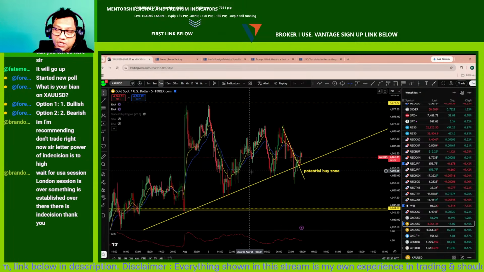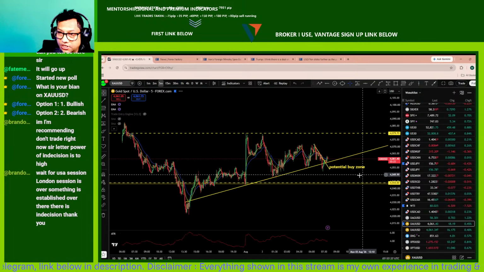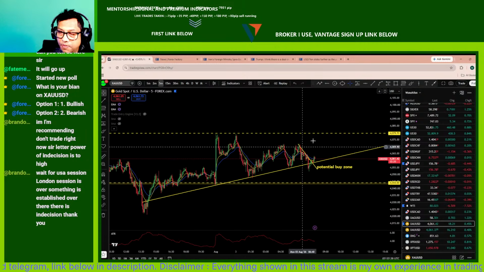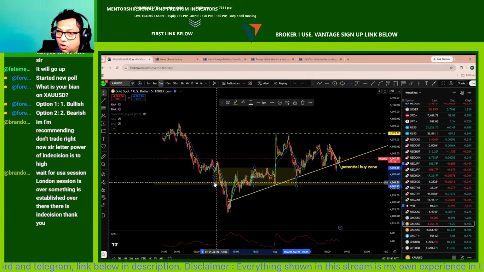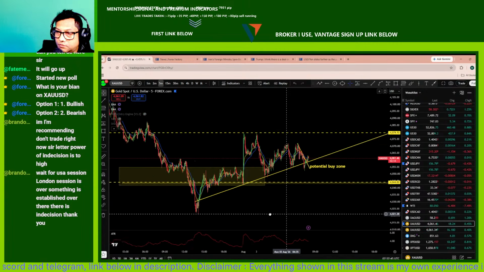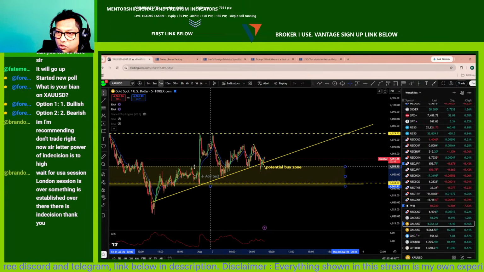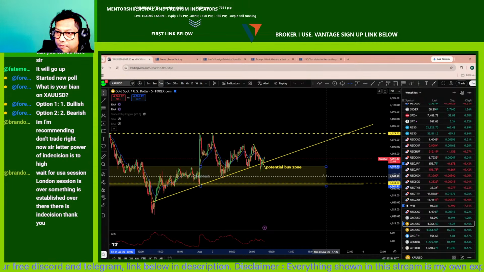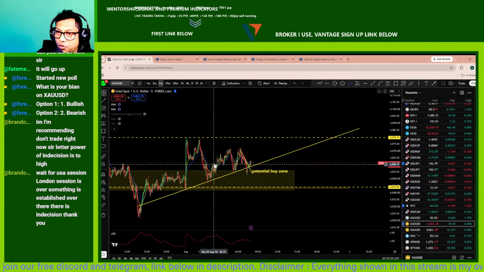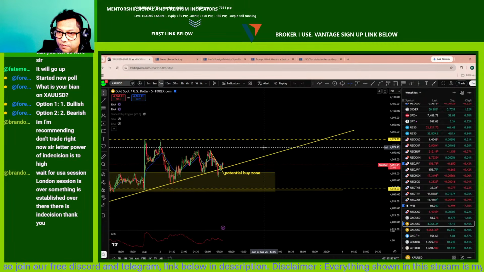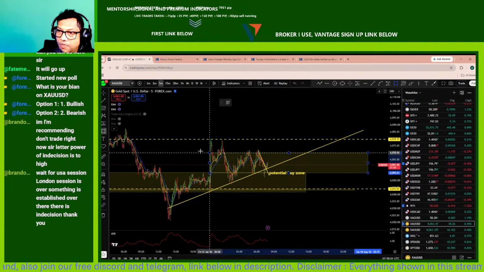We saw an extended sideways consolidation along this area. With this consolidation, resistance turned support, and you can see there is another consolidation. I'm marking both of these consolidations in this area.